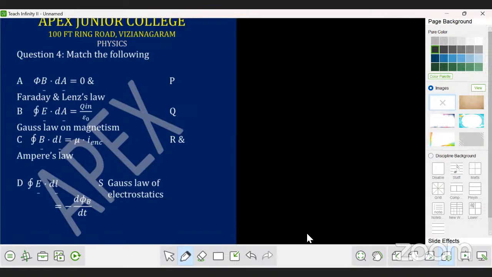Okay, four equations. What is the first equation given? It is not clear there. I will just write here integral B bar dot dA bar equal to 0 given.